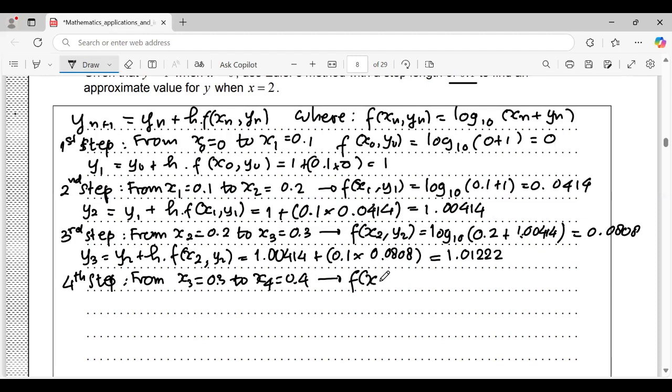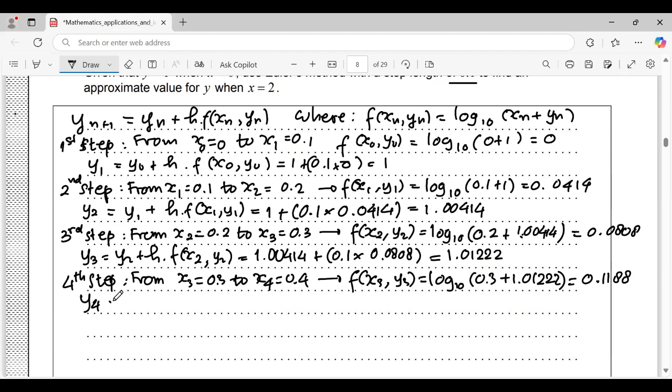So f(x3, y3) is log 10 of 0.3 plus 1.01222. And log of this number is 0.1188.